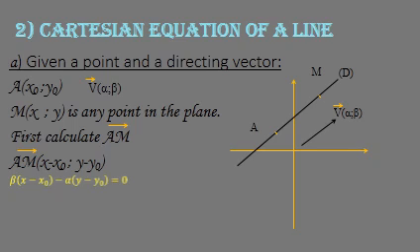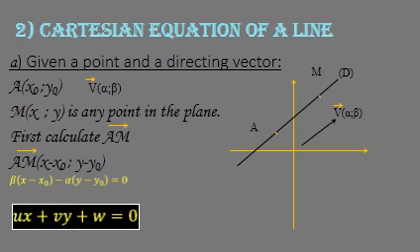So again, we follow the rule of collinearity that says x y prime minus x prime y is equal to 0. Okay, so after doing this, you will see that this is the general form of the Cartesian equation ux plus vy plus w equals 0, or ax plus by plus c equals 0.